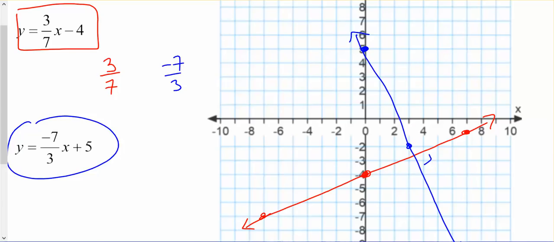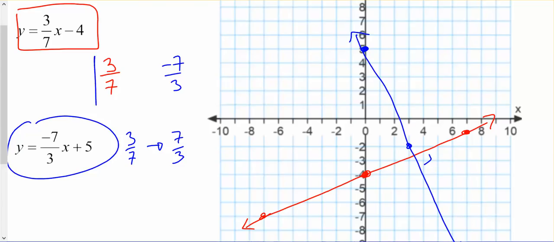So what do we notice about those two slopes? Well, we notice that they look like reciprocals, but one of them's positive and one of them's negative. The reciprocal of 3/7 is 7/3. We just flip-flop our numerator and our denominator.